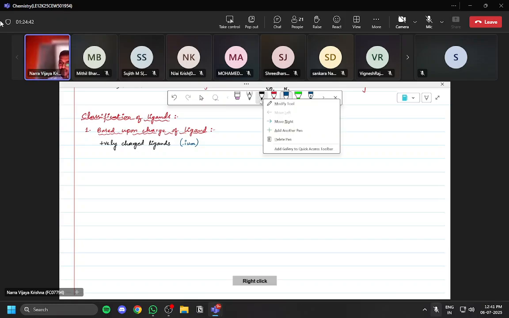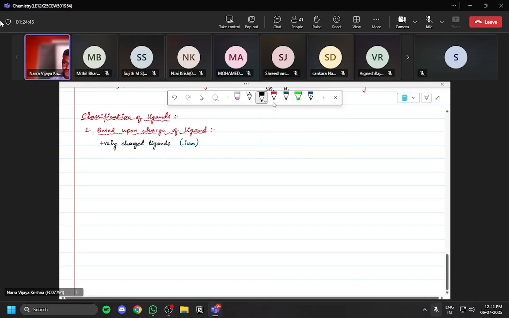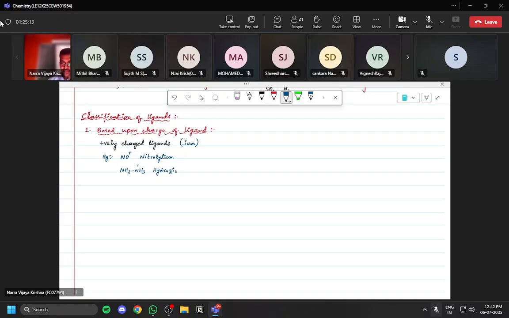For example, NO+: if it is NO, it is called nitrosyl, and NO+ is nitrosonium. N2H4 is hydrazine, and N2H5+ is hydrazinium, etc. The name should end with -ium. I am completing the nomenclature of ligands here also.